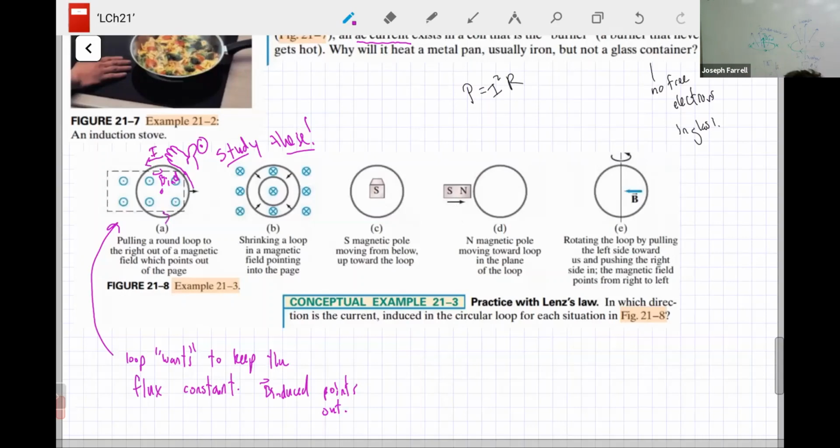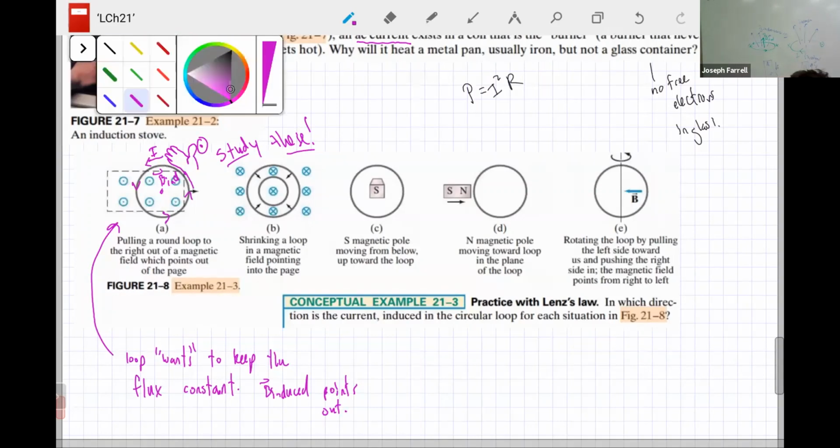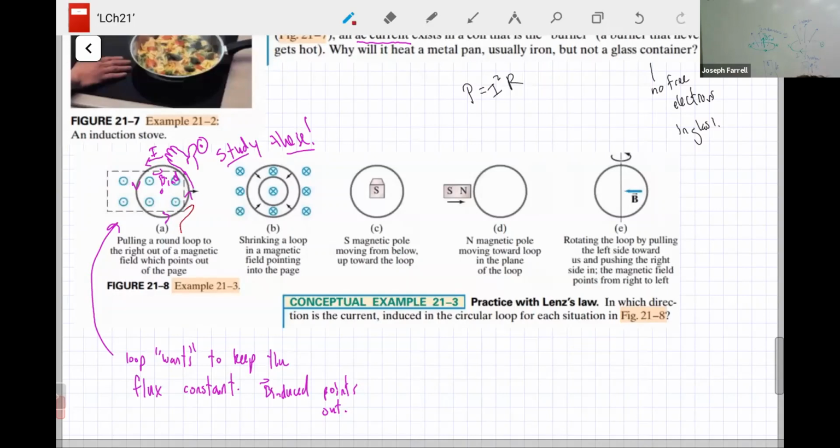The other way would be to consider the loop to be a long straight wire and grab the loop at some point, and you want your fingers to come out of the page, your right hand like that. So that gives you the same answer. So it's either your thumb or your fingers telling you the direction of the current.